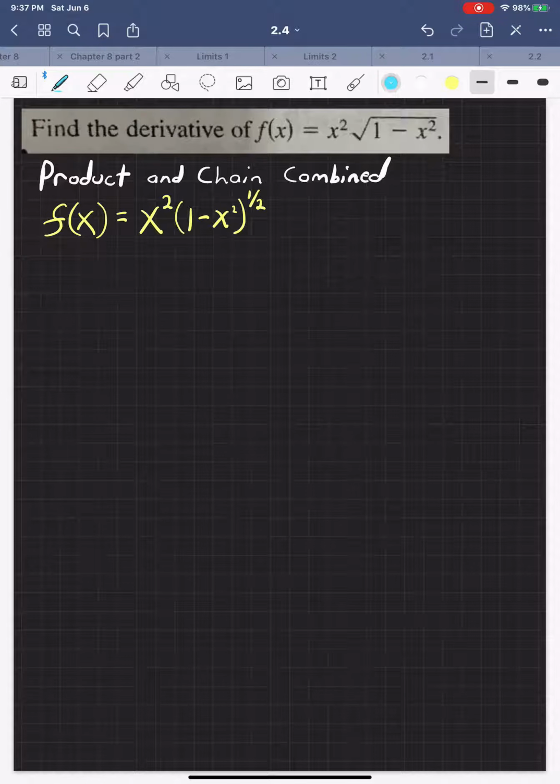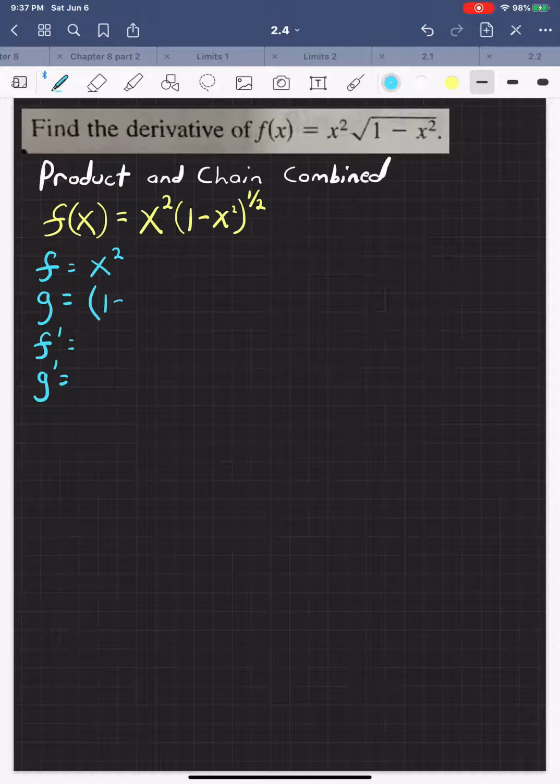So we just proceed as we would with the product rule. Again, continuing to use the same definition, I need f, g, f prime, g prime. So we can let f be x squared, and we can let g be 1 minus x squared to the power of 1/2.